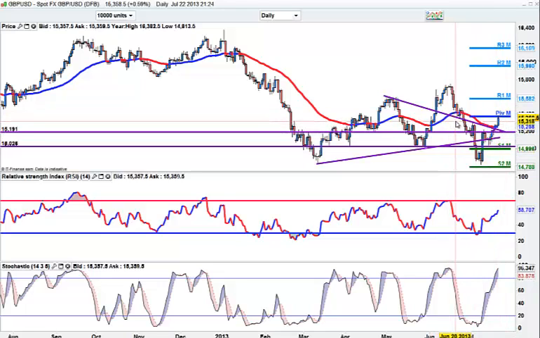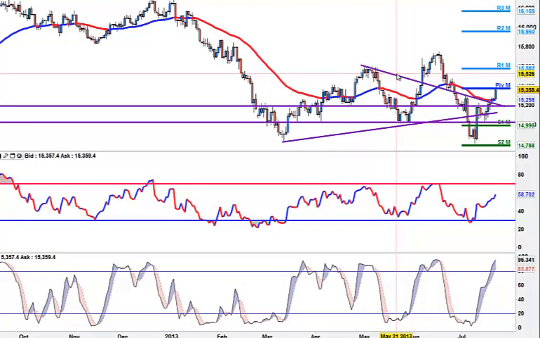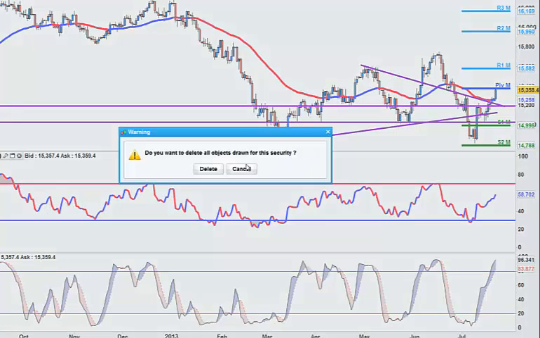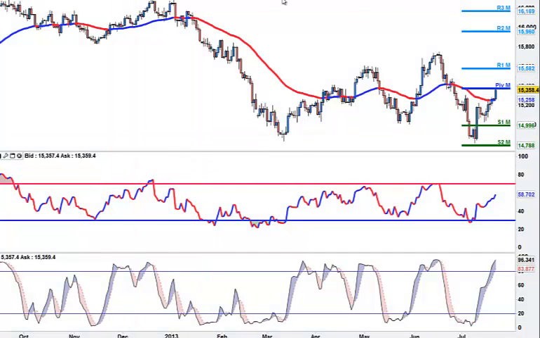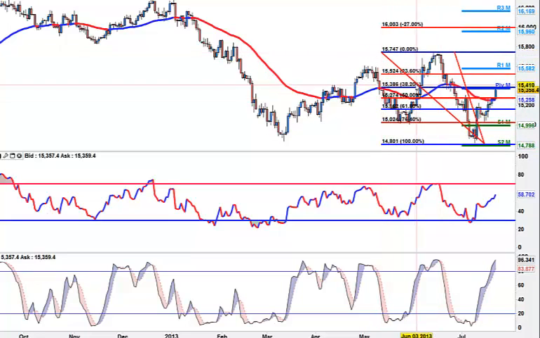So a pullback to 153 would be good to see if we can get to 155.80. A lot of resistance here. I think if we draw the fibs on that and take away this, we would see that we are just coming up to 38.2.